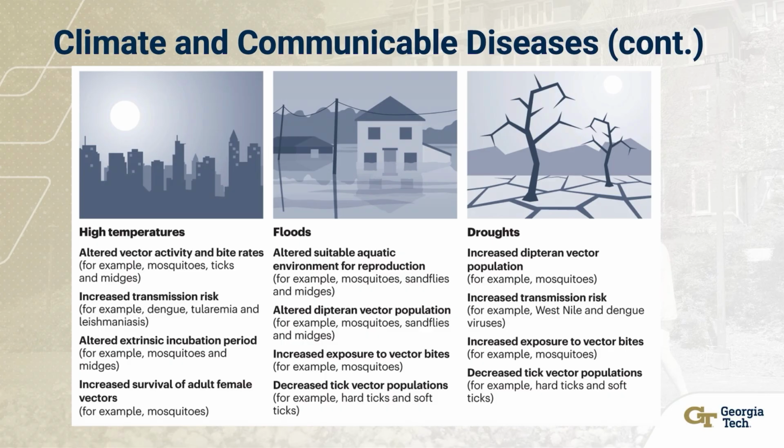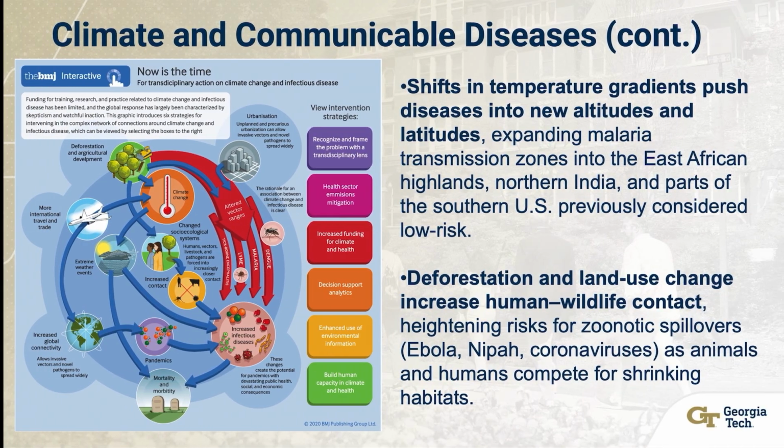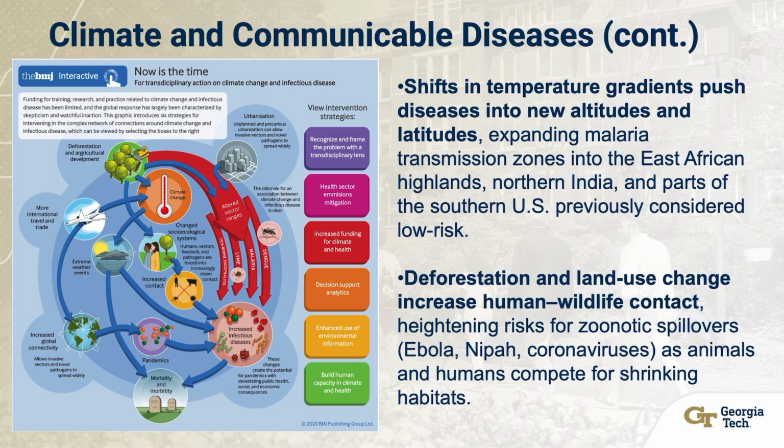And droughts can increase transmission risk or exposure to vector bites. In some cases it can decrease populations of these insects, but it doesn't necessarily mean it's going to reduce the disease or its spread.